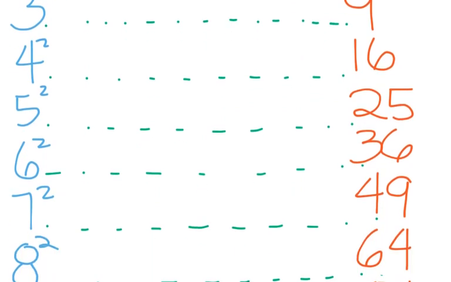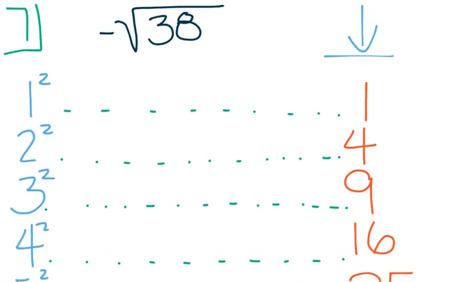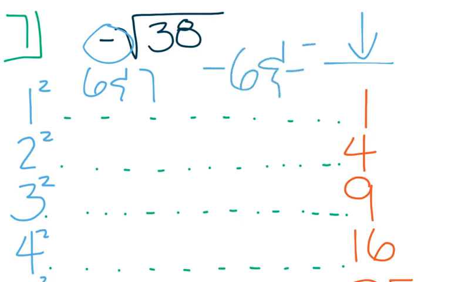So 38 is right here, in between 36 and 49. And if we follow these lines, the square roots are 6 and 7. Okay, so the 2 integers that the square root of 38 is between is 6 and 7. But since this is negative, we're going to say -6 and -7. And this is our answer for number 7.